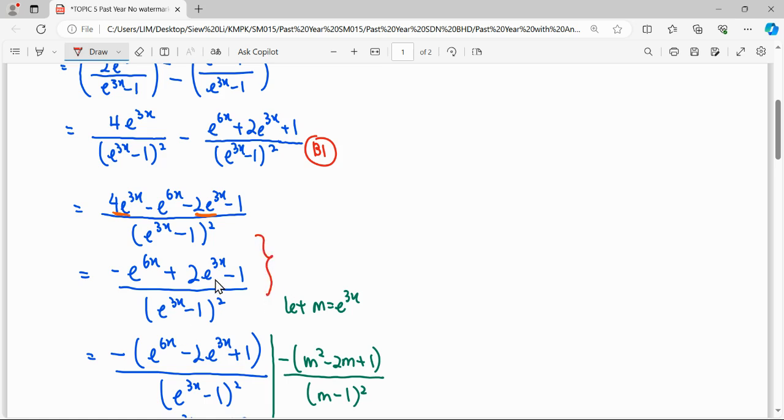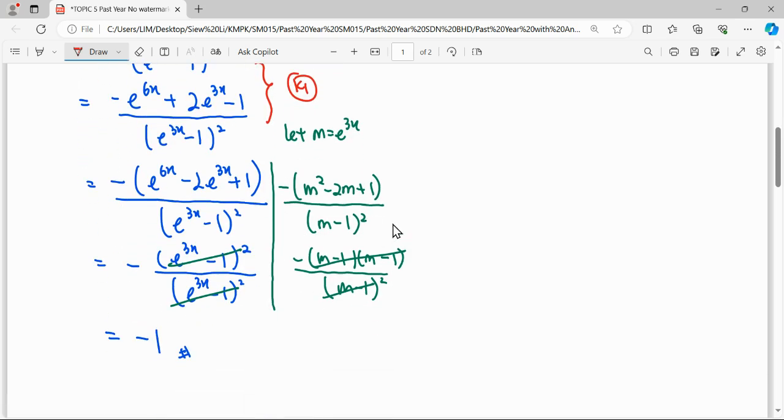Simplify until we get a single fraction. This is 2 fractions; simplify until single fraction. We get 1 mark for the concept. Then do factorization on our exponential here, or you can represent it in m. Do the factorization and manage to simplify the factor. Once you simplify the factor, you can get the answer.